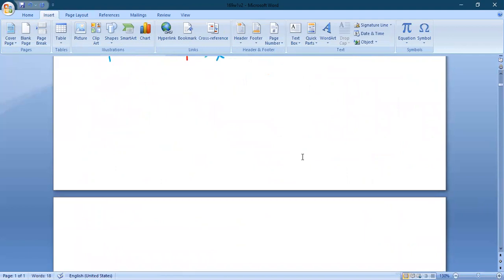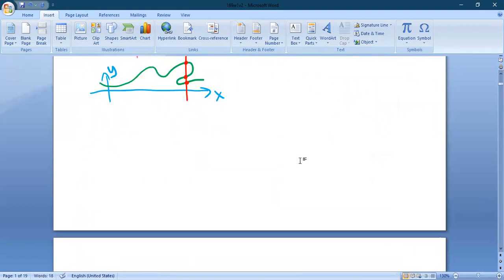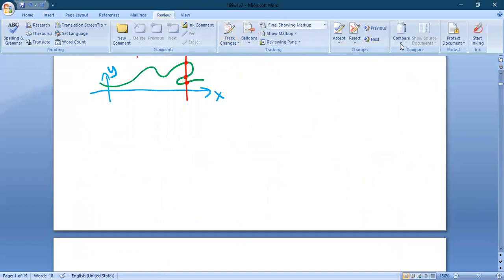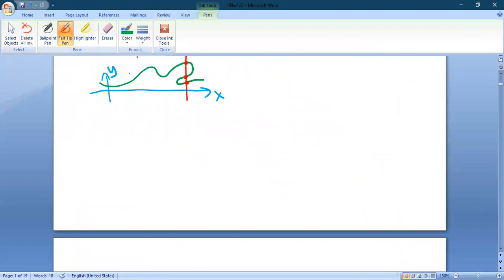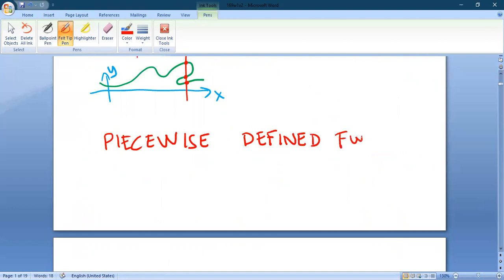Now, the next thing I'm going to talk about is the piecewise defined functions. Well, these are also types of function which we will deal with a lot. So that's why it's important for us, and I should talk about this kind of function.